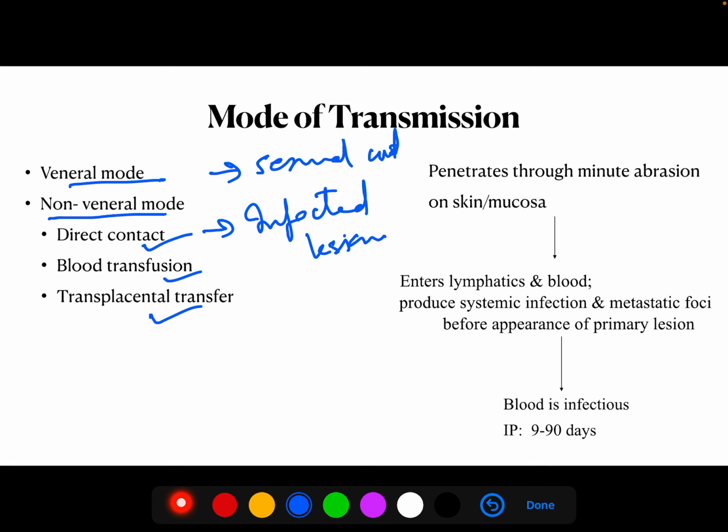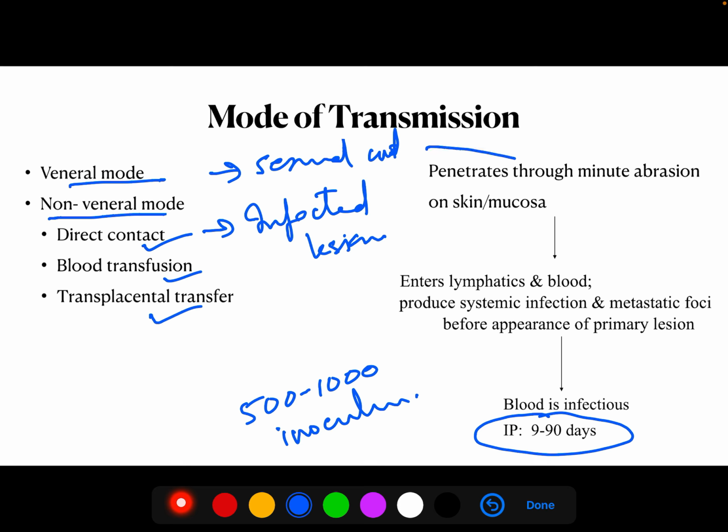Now, the incubation period is usually 9 to 90 days, and about 500 to 1000 bacteria are required as an inoculum to infect a human being. The bacteria rapidly penetrate through minute abrasions on the skin or mucous membrane.